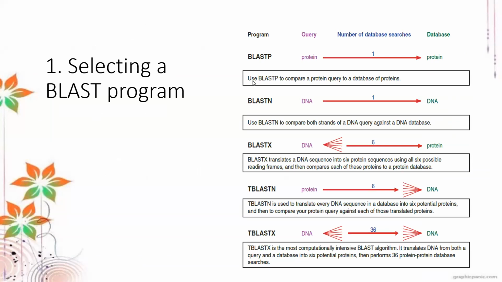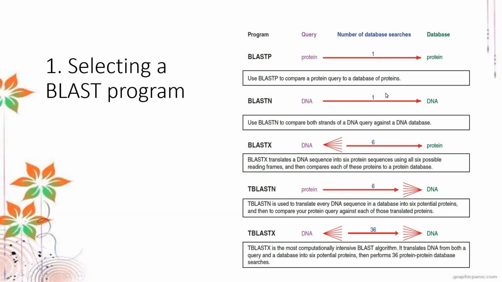These are the five basic BLAST programs and what they do. BLASTP is straightforward: a protein query versus a protein database. So your query is a single query, and you search it against a database of proteins.